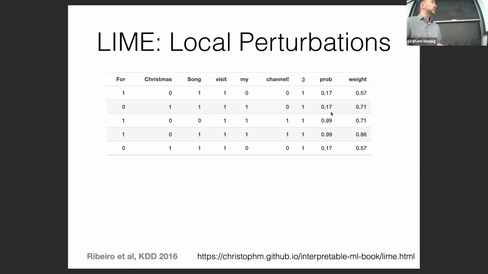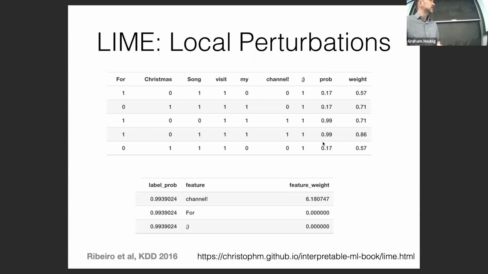Then given this, we treat this as training data. Using this training data, we train an interpretable predictor, like a linear classifier, to essentially fit this function. So if we train another model to mimic the model that we know we have, especially in the local area of a particular example, that might be a good explanation of why the model made that decision.